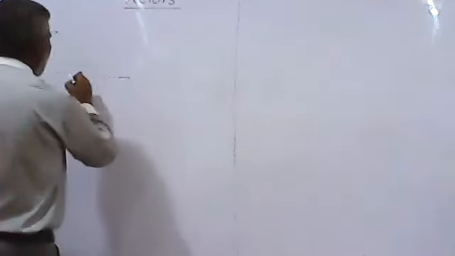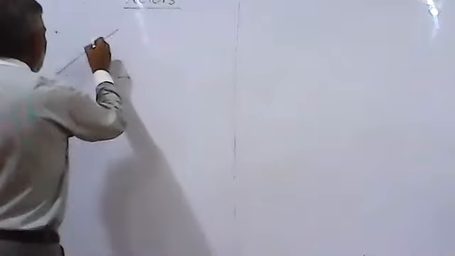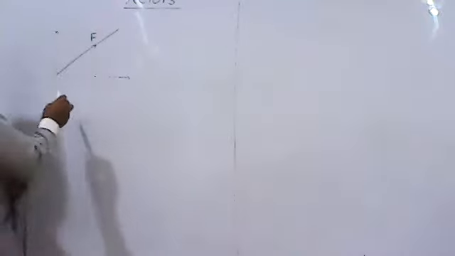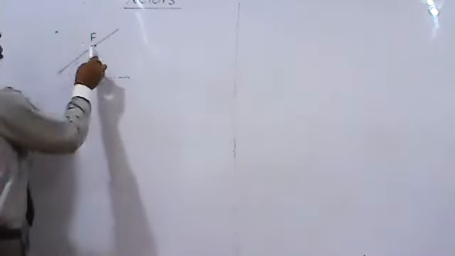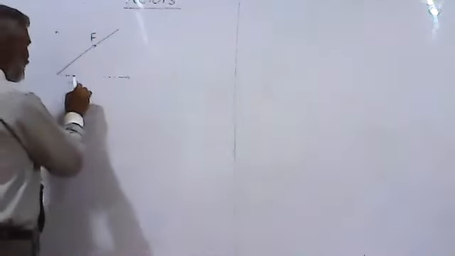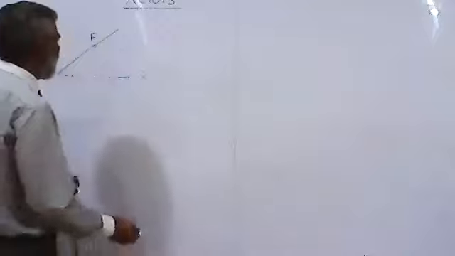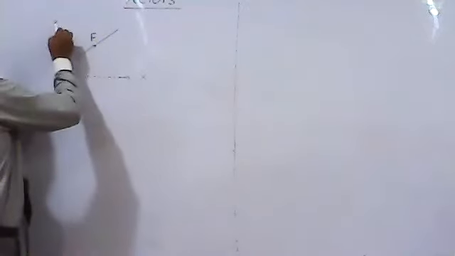If I have a vector, let's say this is a vector F, a certain force. We can imagine that part of the effect of this force is along this direction that we usually label as X direction, and part of its effect is along this Y direction.